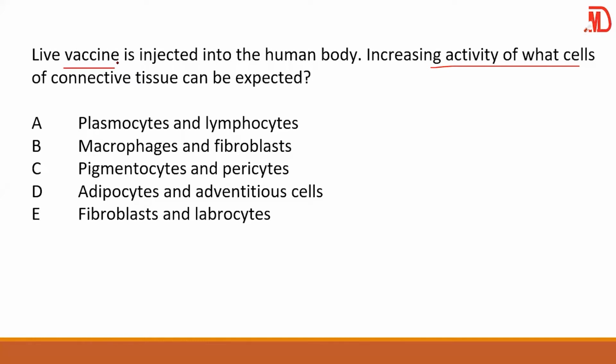So plasmocyte and then lymphocyte will be more ideal, because we are expecting these to increase inside the body, so that when diseases come, they will be able to fight it. Why? Because this is a vaccine. So we want the immune system to be readily available to fight any invasion or any antigen. So your answer is A. All right.